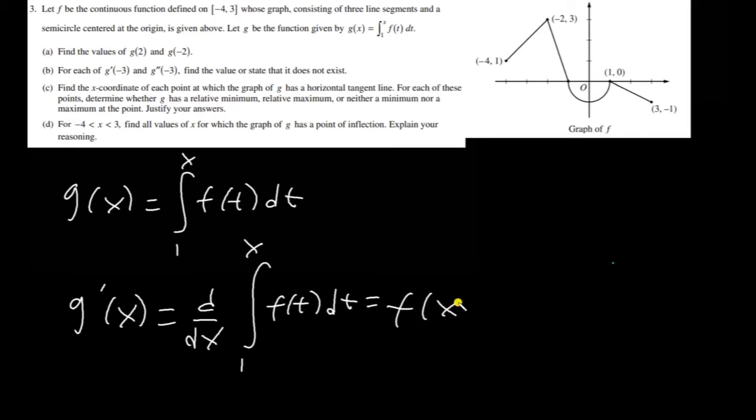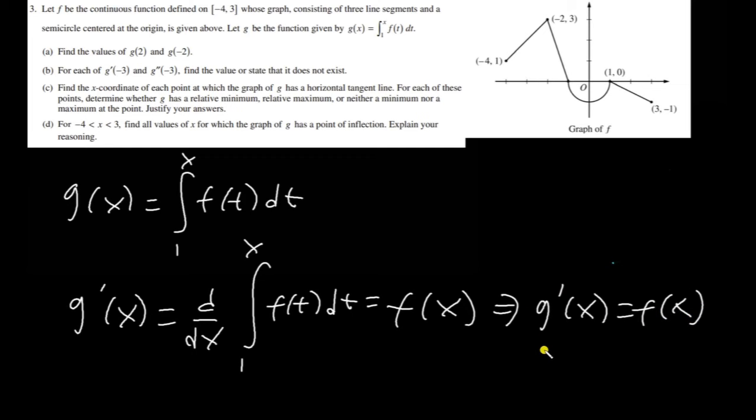So this is equal to the derivative of the integral of f of t dt, and by the fundamental theorem of calculus, this is equal to f of x, right? The derivative and the integral kind of cancel out, and we're just left with f of x, okay? So basically, g prime of x equals f of x, right?